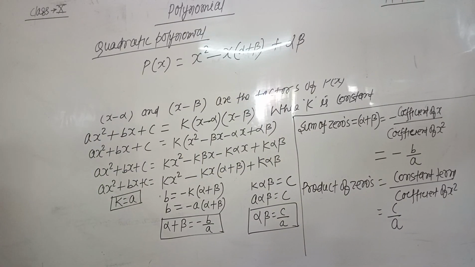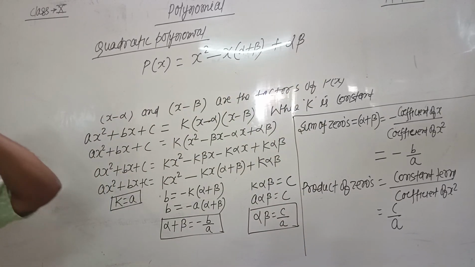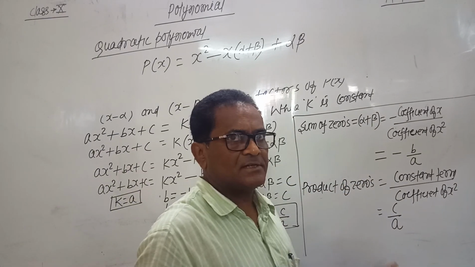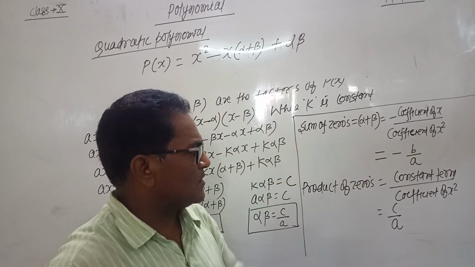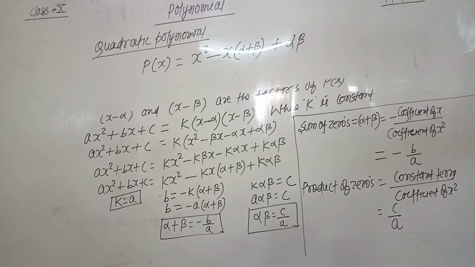This is the formula for finding the quadratic polynomial: P(x) equals x² minus (alpha plus beta)x plus alpha beta. These are the two results for finding the sum of zeros and the product of zeros.